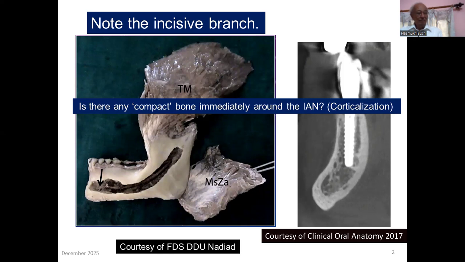At that time, the inferior alveolar neurovascular bundle is displaced laterally or moved from its original position, so that the implant does not impinge upon the neurovascular bundle. And the bundle is kept either medial or lateral to the implant as per the requirement.